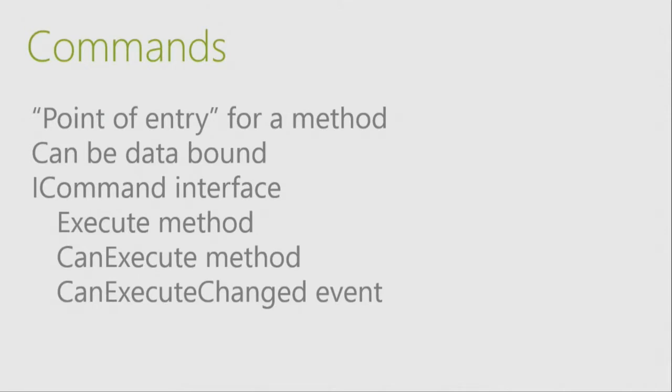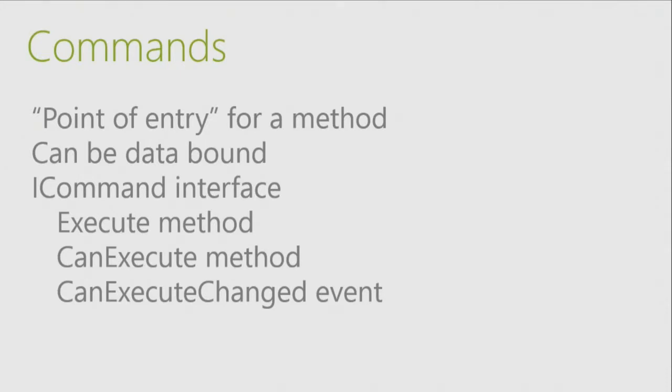There is a CanExecute method. This one is optional. You don't have to implement it, or rather you don't have to actually call it. If it is called, it is going to evaluate the context of the command and return true or false to say yes, the command can be executed, or no, it cannot be.